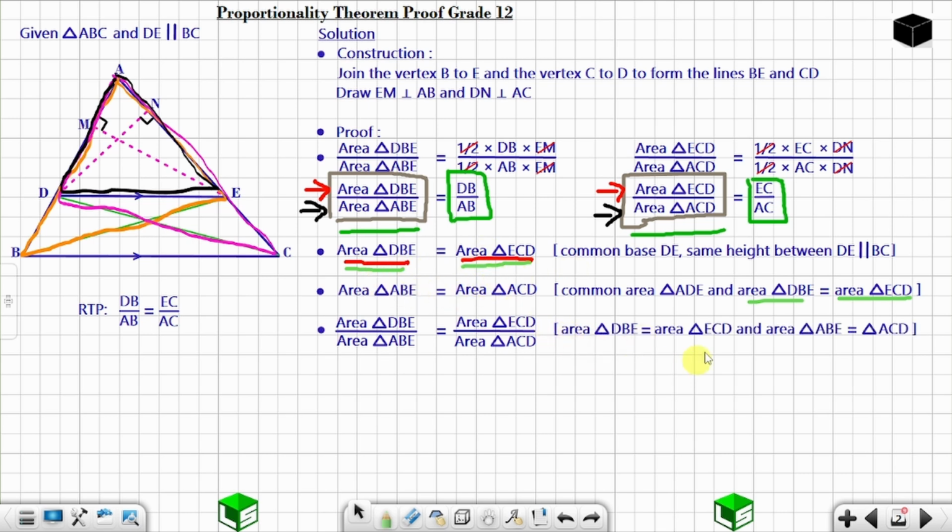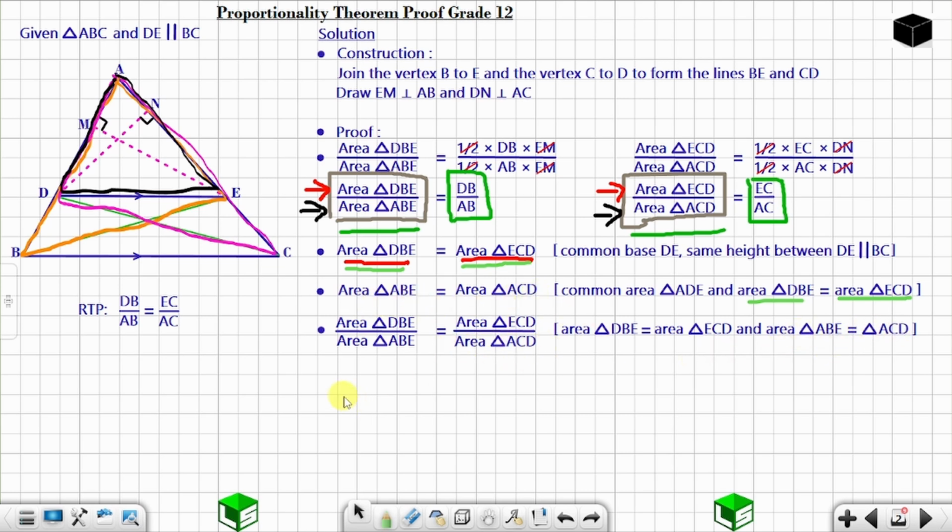So the reason you are going to say this area is equal to this area is that it is already proven, and this area is equal to this area, also proven.